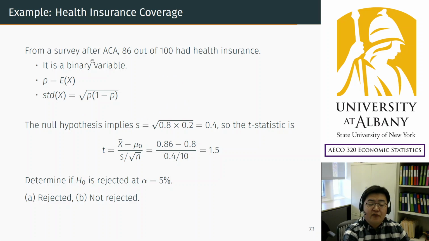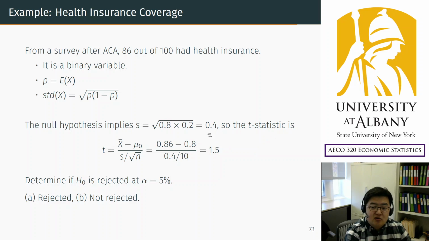Here, the null hypothesis of 80% implies a standard deviation of 0.4. So if the null hypothesis was correct, then the probability is 0.8, and that means the standard deviation is 0.4.